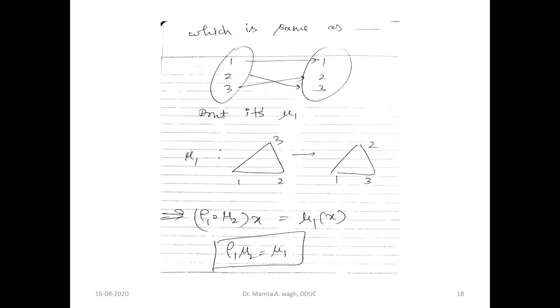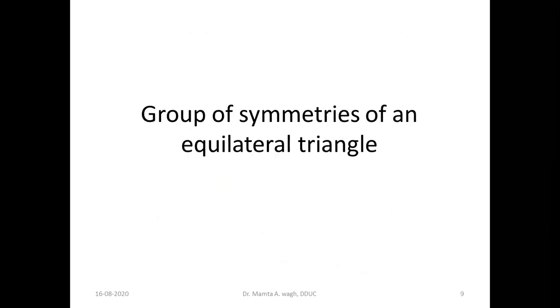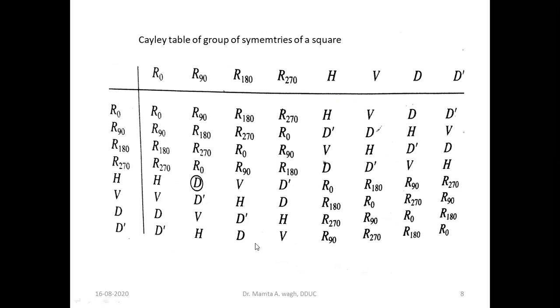So in that square, such symmetries of a square we call a dihedral group of order 8, and we denoted it by D4. The order of Dn is 2n. So the order of D4 will be 2 into 4, that is 8.